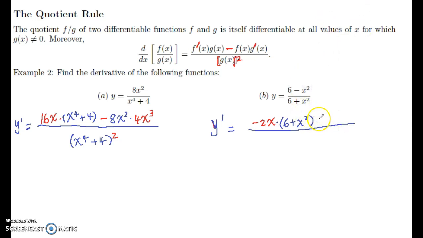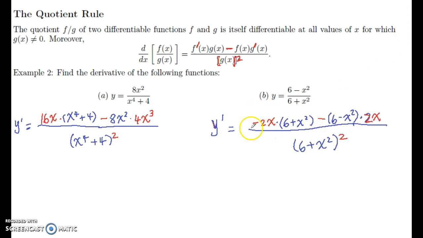You subtract the numerator, 6 minus x squared, times the derivative of the denominator, which is 2x. Okay, then you divide it by the denominator, 6 plus x squared, quantity squared.